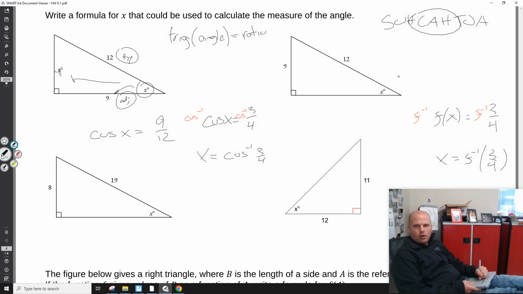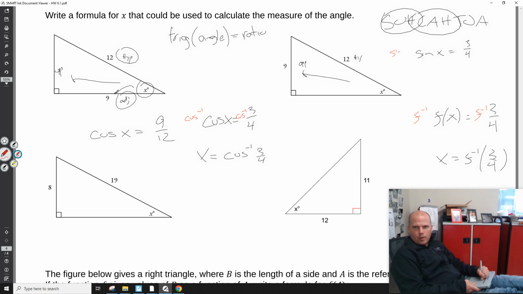Cool. So here, if this is my angle, that's opposite. This is the hypotenuse. The sine deals with opposites and hypotenuses. The sine would be 9/12. Sine of the angle, trig function of an angle equals a ratio. The sine of x equals 3/4. Get rid of sine using sine inverse.